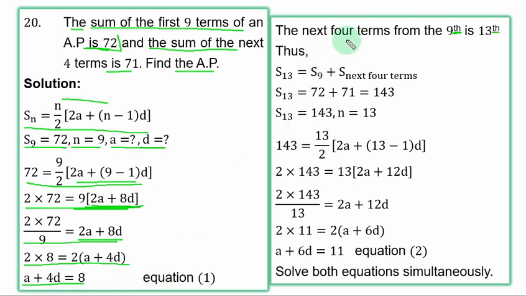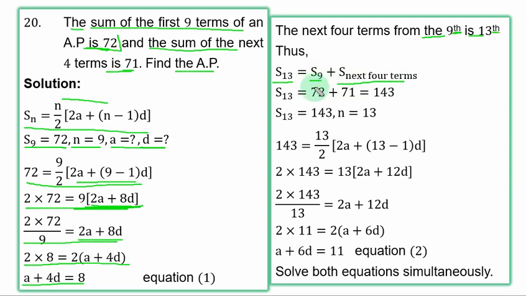The next 4 terms from the 9th term is 13. From the question, the next 4 terms, the sum is 71. Already you have the first 9 terms. So the next 4 terms will make it to be 13. So s sub 13 is equal to s sub 9 plus s sub next 4 terms.